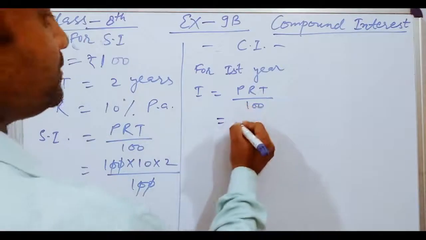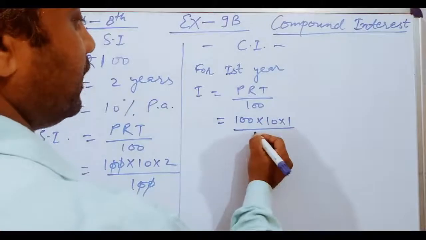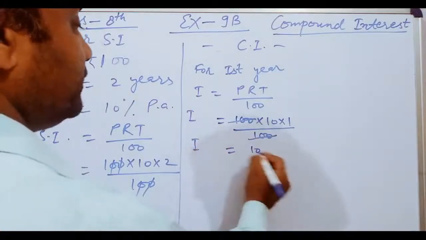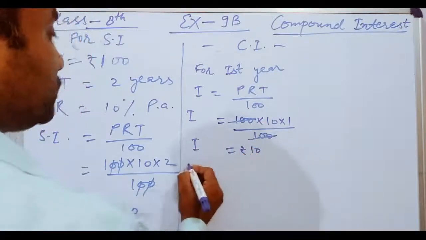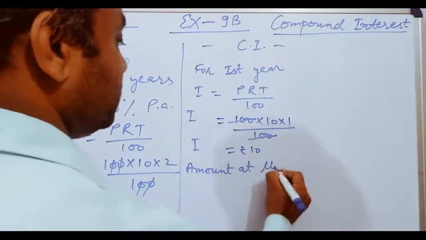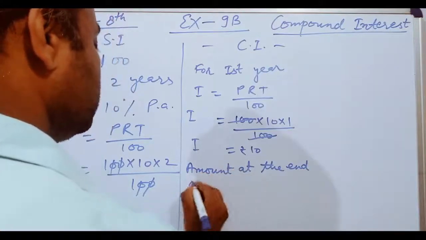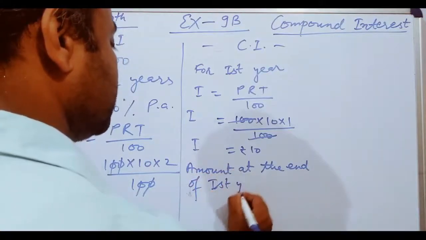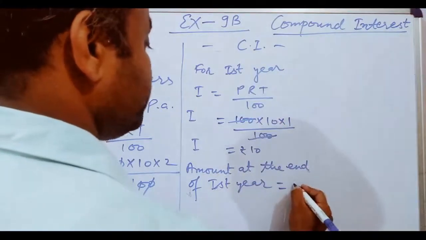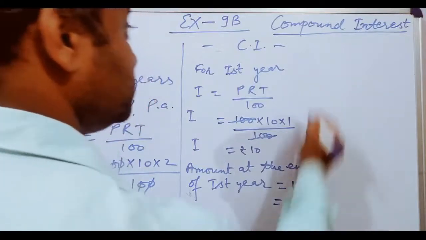Principal 100, rate 10, time 1, upon 100, which is 10. This is the interest for 1 year. So the amount at the end of the first year equals principal 100 plus 10, equal to rupees 110.